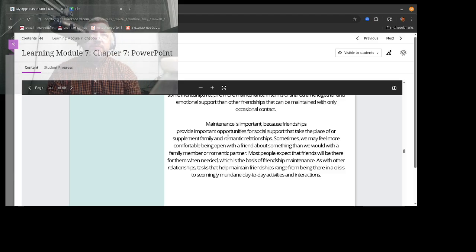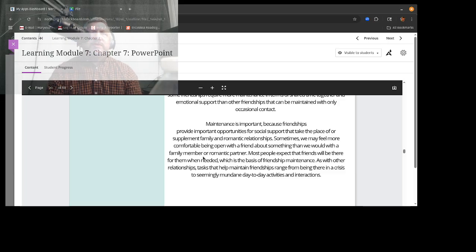Maintenance is important because friendships provide important opportunities for social support, in exchange for family support or romantic relationships. Sometimes we may feel more comfortable or more open with a friend about something than we would with our romantic partner or our family member, right?